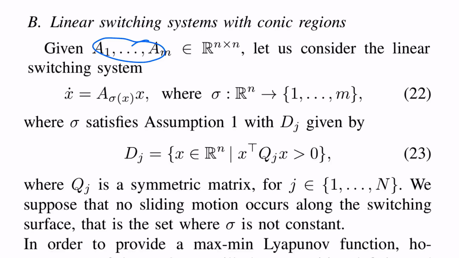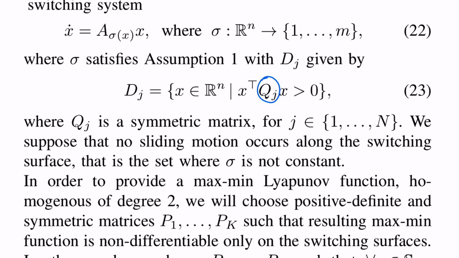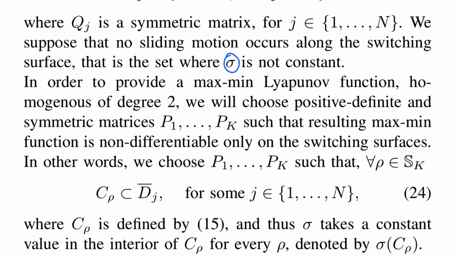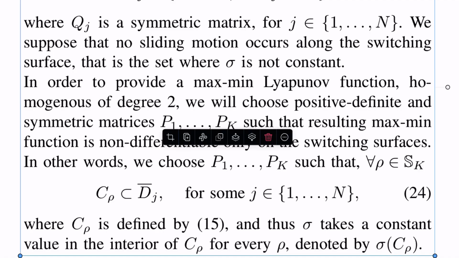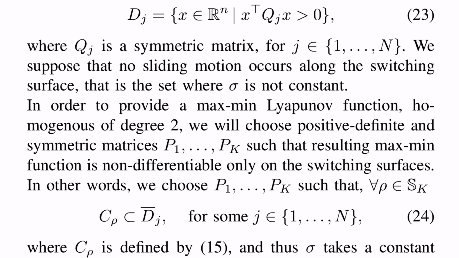Then the basis functions, and the state matrices corresponding to each subsystem. These matrices help us partition the state space, and Qj is symmetric. Then we suppose that no sliding motion occurs along the switching surface, that is, a set where sigma is not constant. Or rather, sigma is not a singleton.